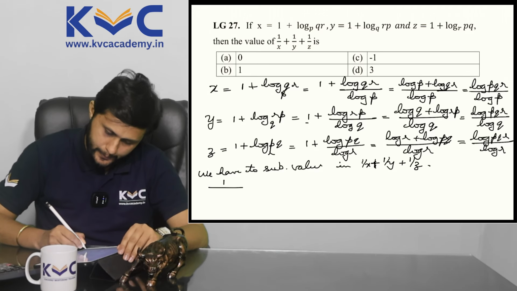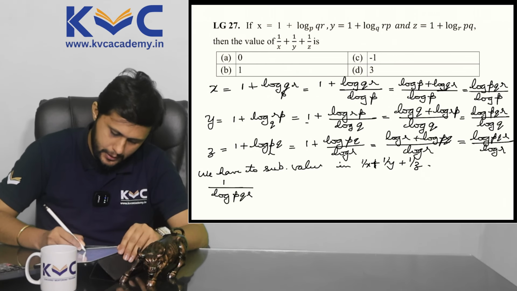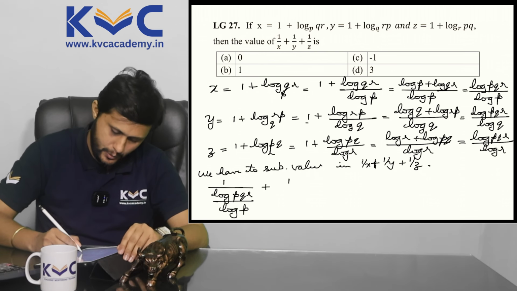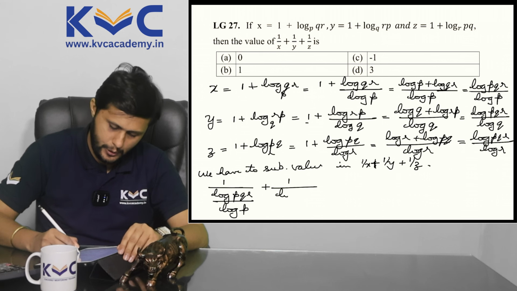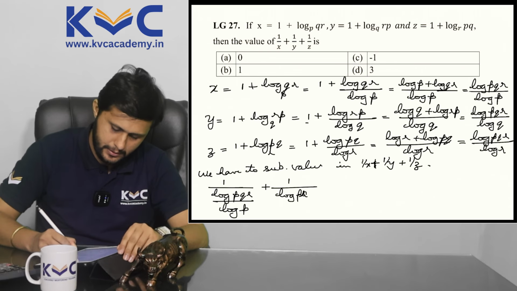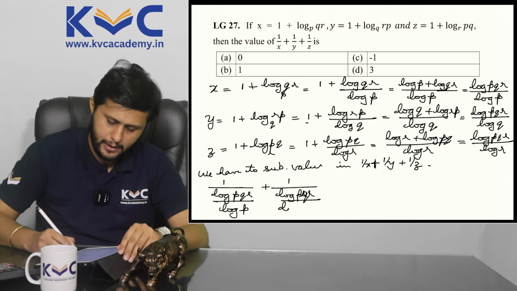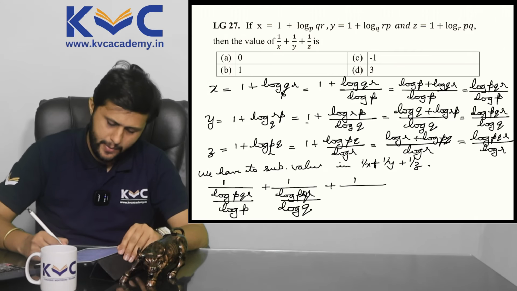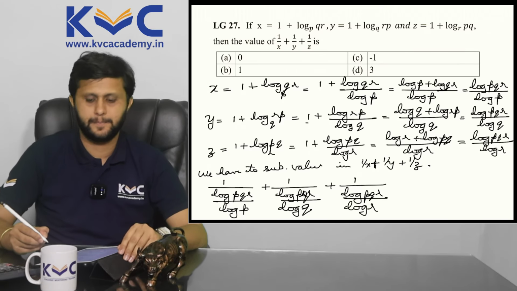X is equal to log PQR divided by log P, correct? Next, plus what is Y equal to? Log PQR divided by log Q. What is Z equal to? 1 divided by log PQR divided by log R.